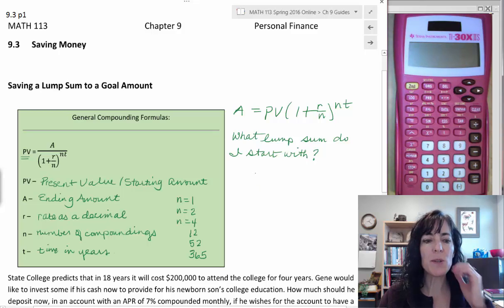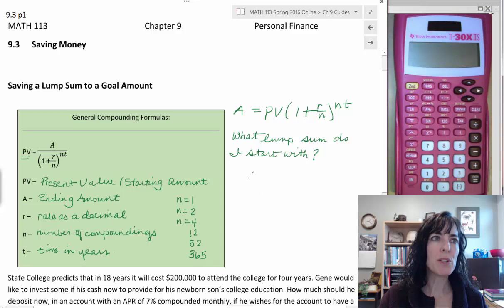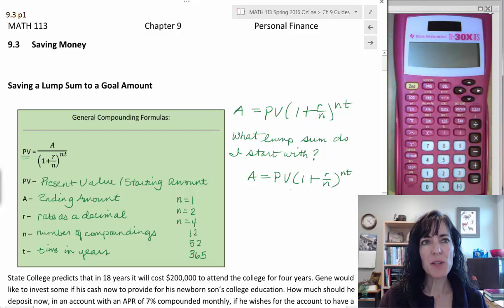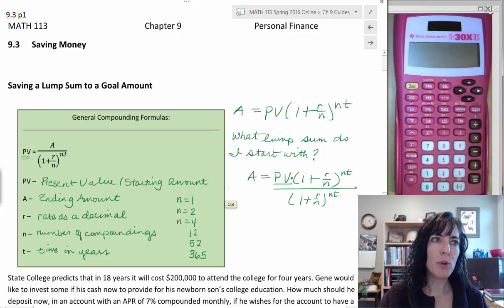So I can show you this formula that we started with, the A equals PV times 1 plus r over n raised to the nt power, and I can solve it for the PV, simply by dividing both sides by whatever is being multiplied by the PV. In this case, 1 plus r over n raised to the nt power on both sides.